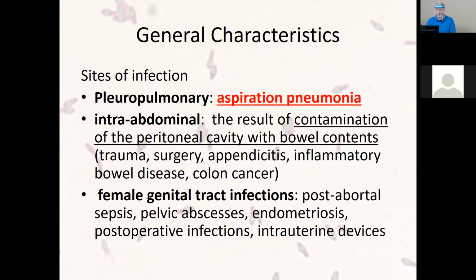So site of infection: it can be aspiration pneumonia, which is never good, right? What is aspiration pneumonia? What has happened? This can be as simple as they were under anesthesia and they forgot not to eat before they went into surgery, and they vomit during surgery, and you suck vomit into your airway.